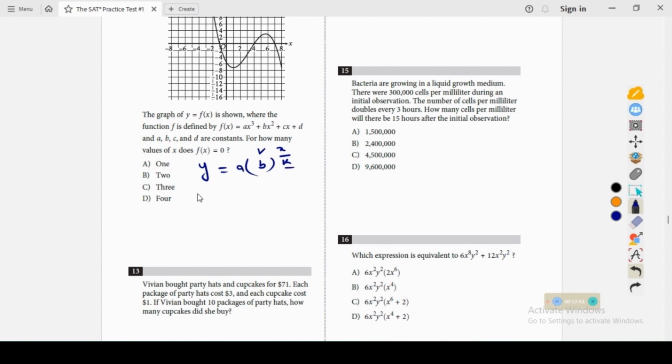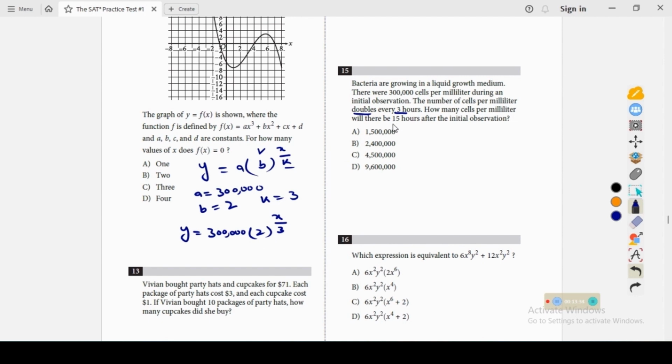The value of a will be 300,000. Since the cells are getting doubled, the value of b will be 2 in 3 hours. So the value of k is 3. The equation becomes y equals 300,000 times 2 whole raised to the power x by 3.